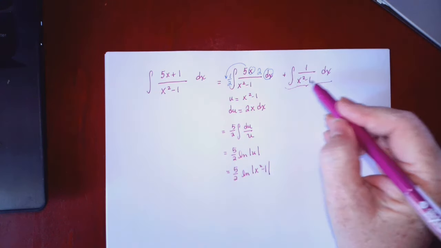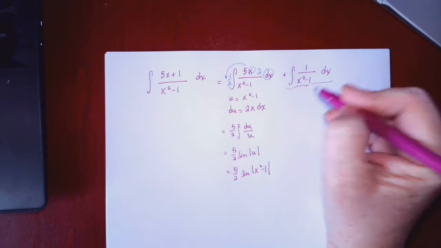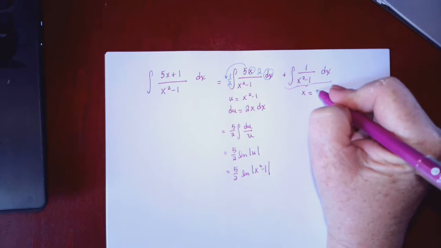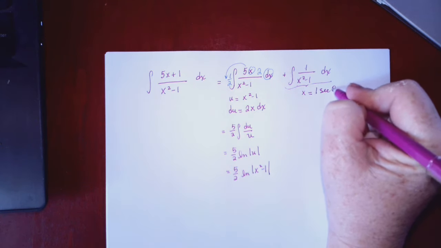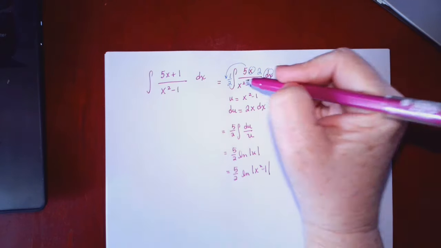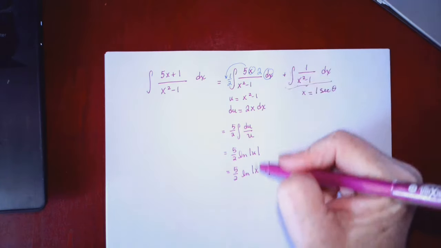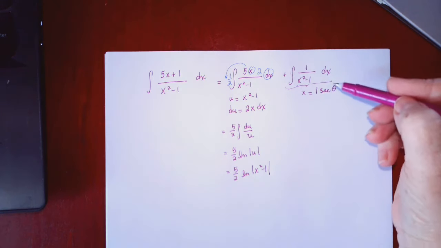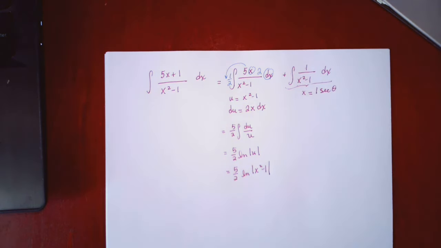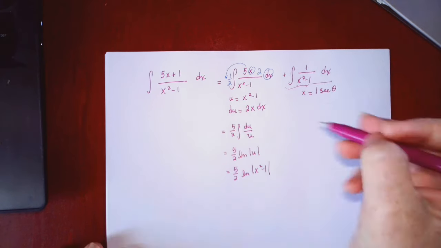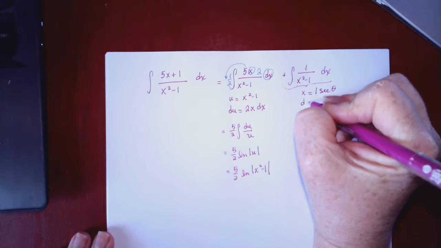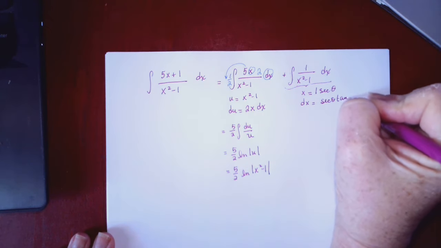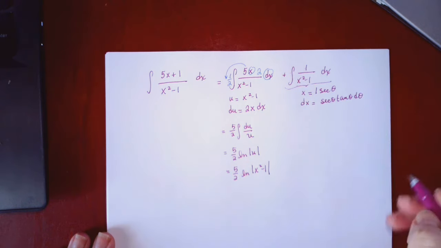Since this is a u squared minus a squared, the substitution that I would make is x equals 1 secant theta. So I've already done the 5x over x squared minus 1. We've already integrated that just with a plain old substitution. And now we're going to integrate the remaining part, 1 over x squared minus 1, using a trig substitution. So there we would have dx is secant theta tangent theta d theta.